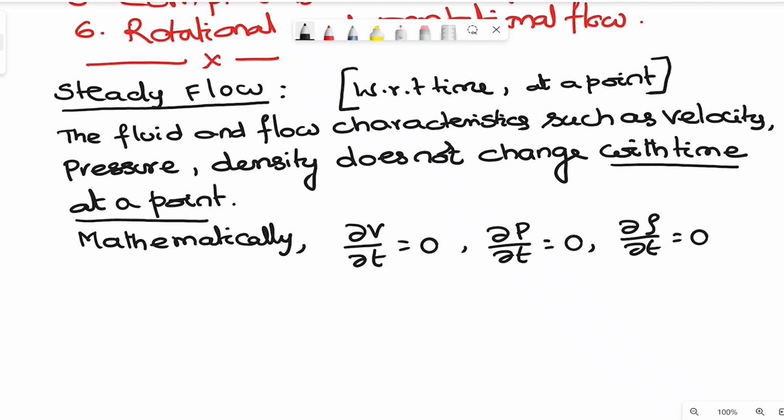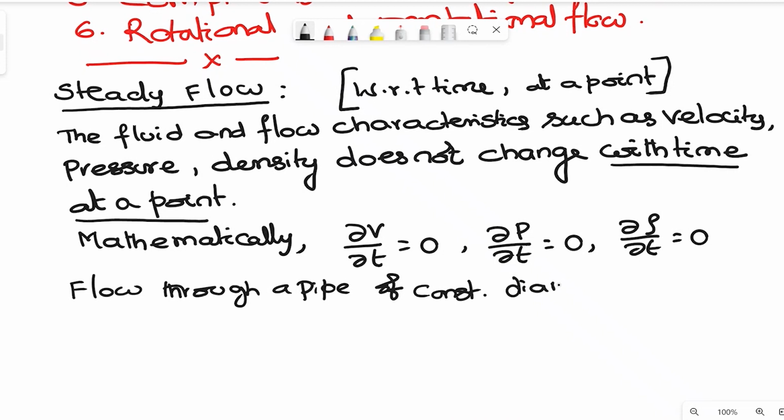You can ask what is the example, sir? Now you take flow through a pipe of constant diameter at a constant flow rate.